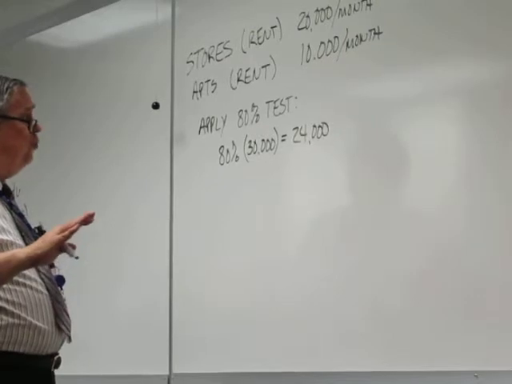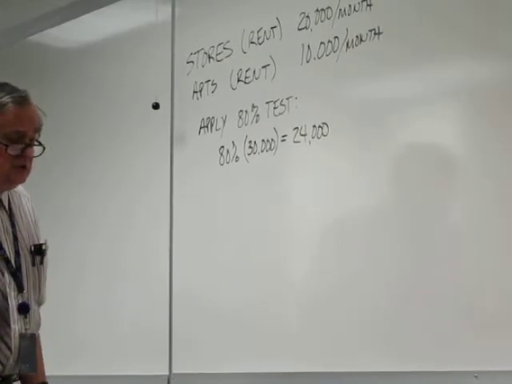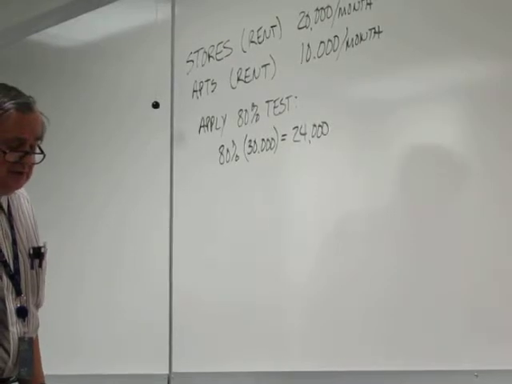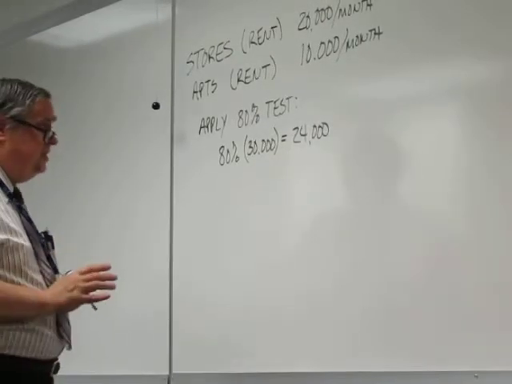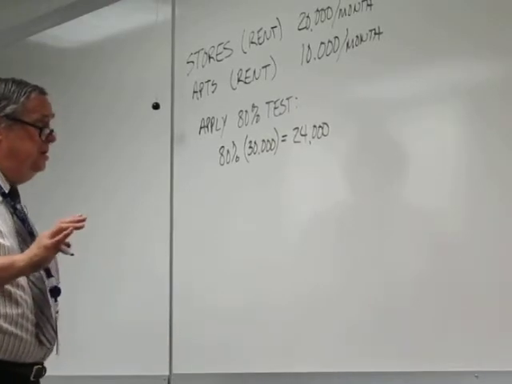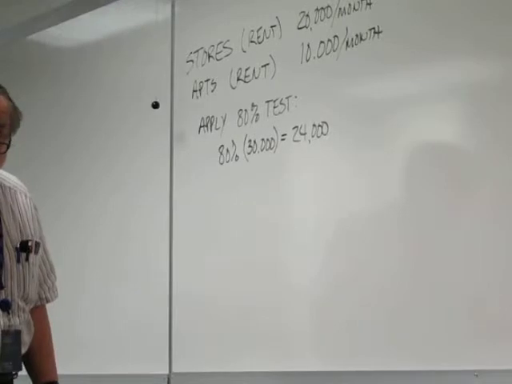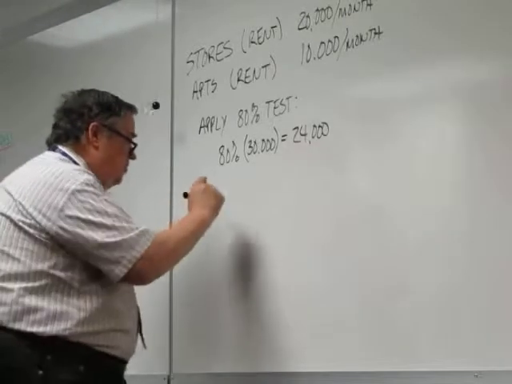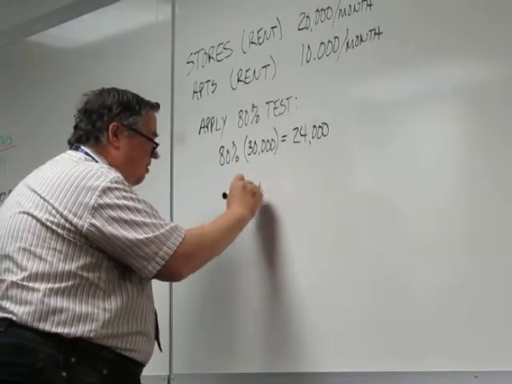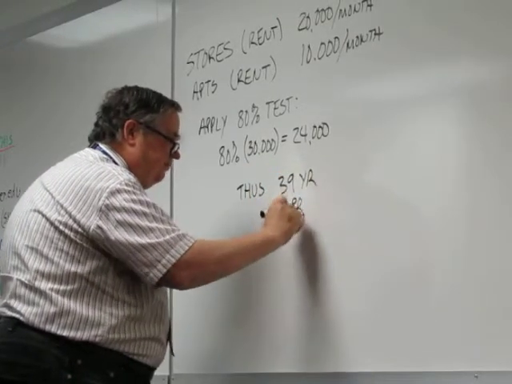So if the rent from the apartments exceeded $24,000, this would be 27.5-year property. Does the rent on the apartments exceed $24,000? No. Thus, this is 39-year property.